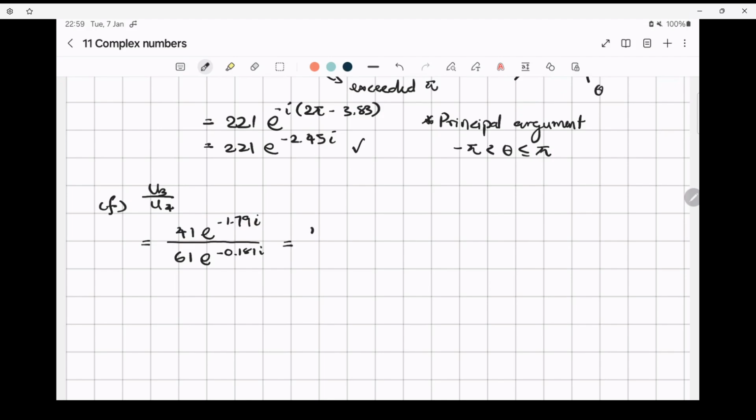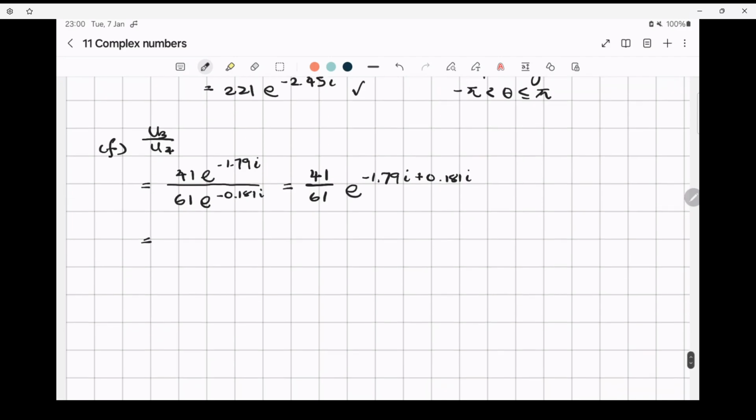So then you will have 41 divided by 61 e to the minus 1.79i. This minus, because of the division, becomes plus. Finally, if you calculate everything out, you will get 0.672 e to the minus 1.61i. So that will be your polar form for u3 divided by u4.